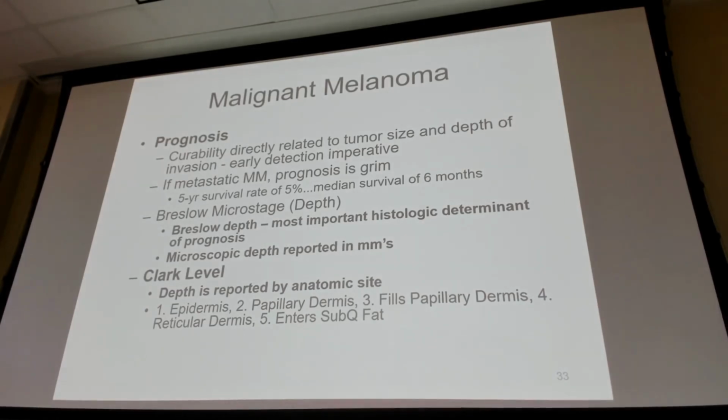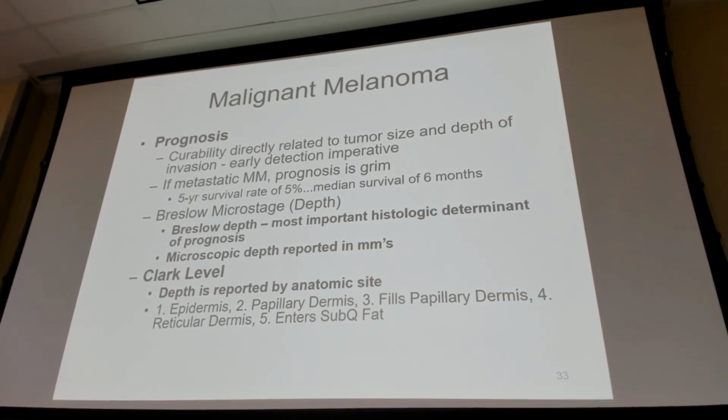If from the labs and other examinations that you're doing, they're having some metastasis, then that prognosis is grim, because that could be worse. As you can see there, median survival of 6 months. So if it starts to spread, then no bueno.